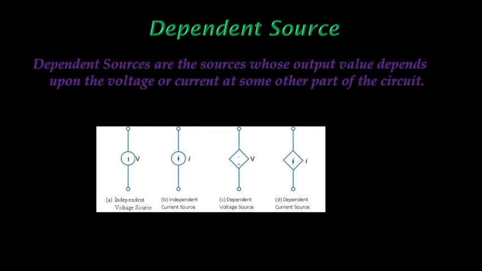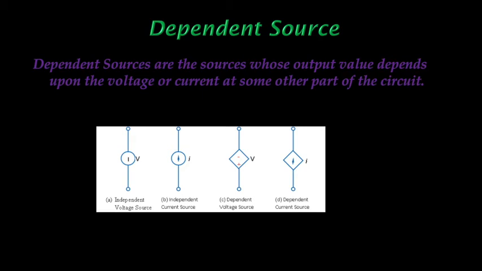Dependent source. It is a voltage source or a current source whose output value depends on a voltage or current elsewhere in the network. Dependent sources are not necessarily linear.